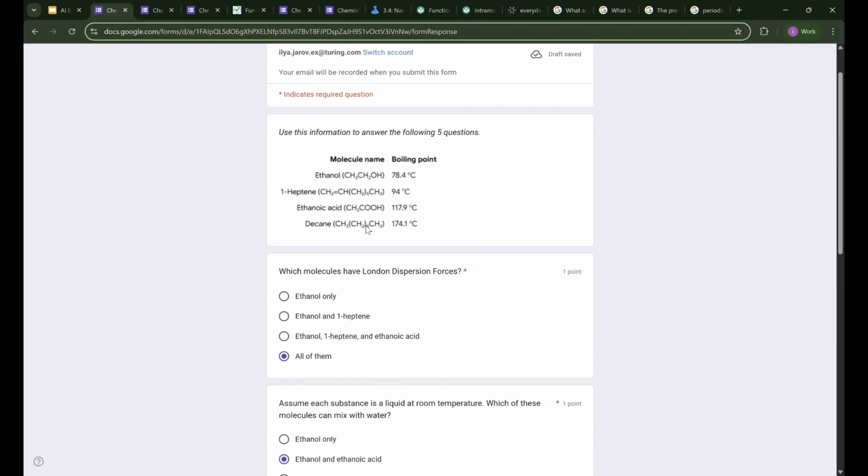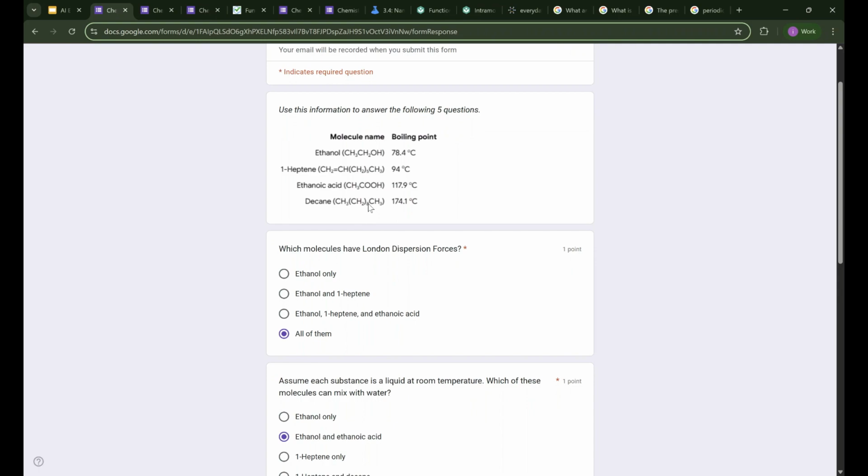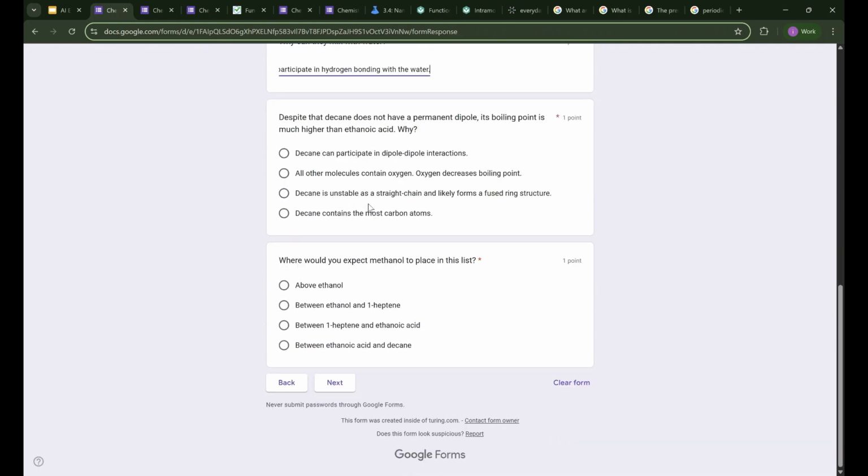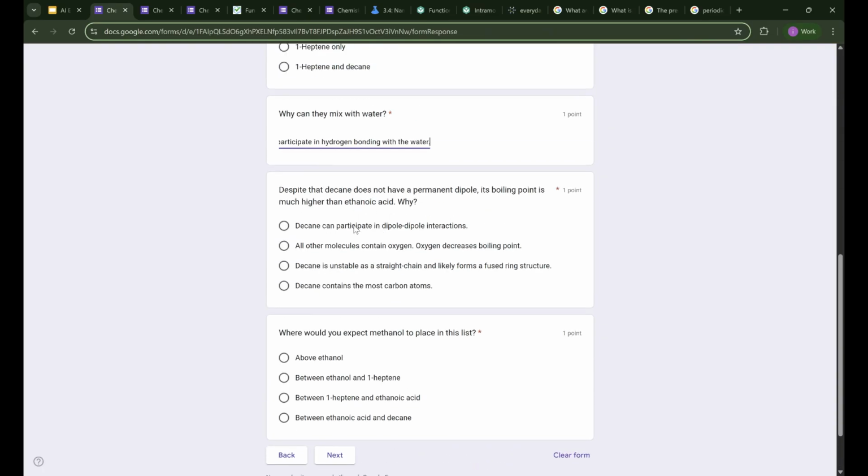It's got 8 in this middle. This is the condensed format, so it's actually very long, 10 carbons long. This is like when London forces can be stronger. Yeah, it's just because it's the biggest.